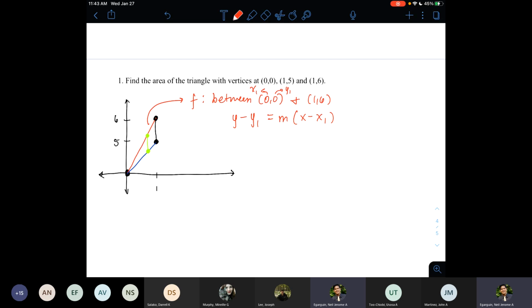You can also use 1 and 6, so it's up to you, but it's easier to work with those two zeros. So this would be y minus 0 equals the slope. The slope is change in y over change in x times x minus 0. So we find out that the equation of the red line is y equals f of x equals 6x.